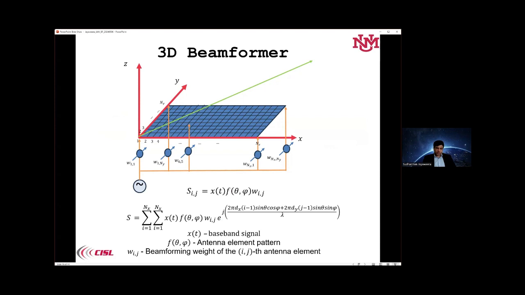So the same principle holds now. The signals arriving at each of the elements travel an extra distance compared to some reference point, and that extra distance is related to both the vertical angle theta as well as the azimuth angle phi.